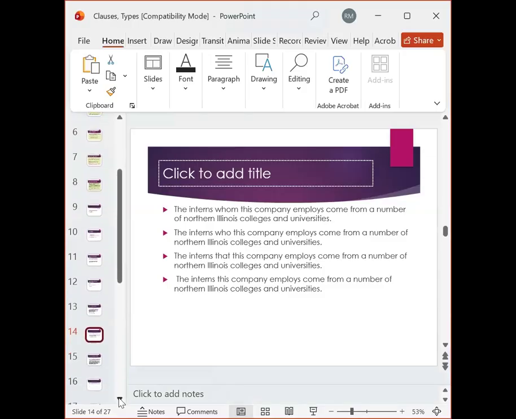Okay, so I will ask my question. What's the difference between restrictive and non-restrictive relative clause? Everybody's going to type. The difference between restrictive and non-restrictive relative clause. Everybody should type. I'll be marking here.